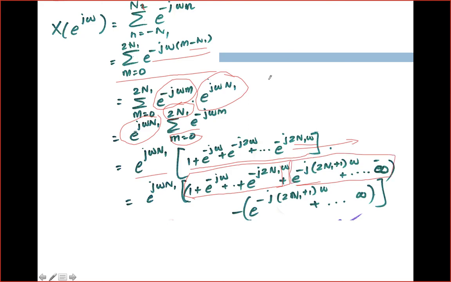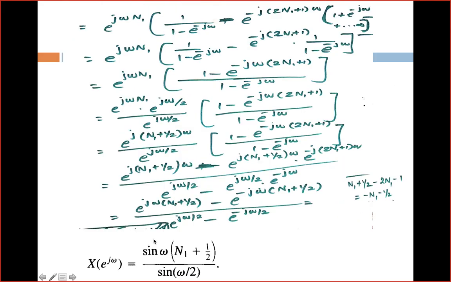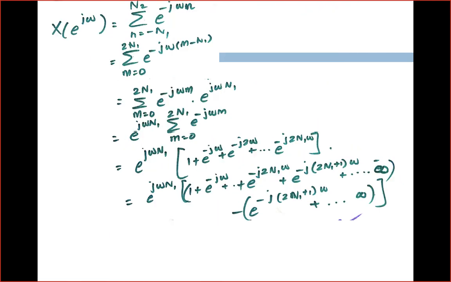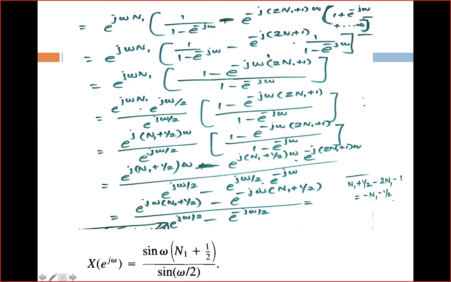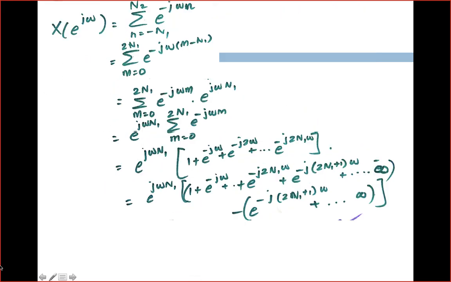Like 1 plus 2 minus 2, the value is the same, equal to 1. In such a way I am adding and subtracting. After adding and subtracting, this series is the first series.